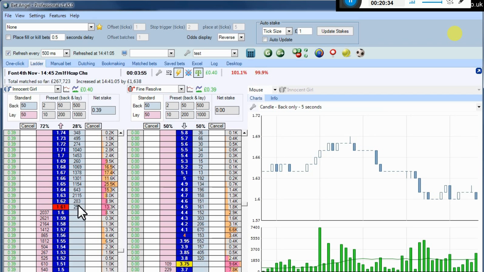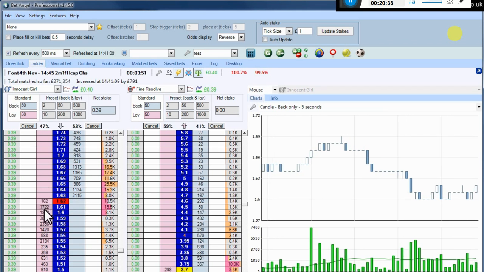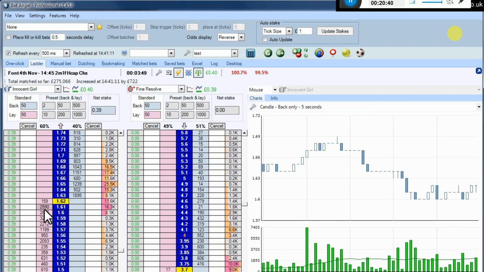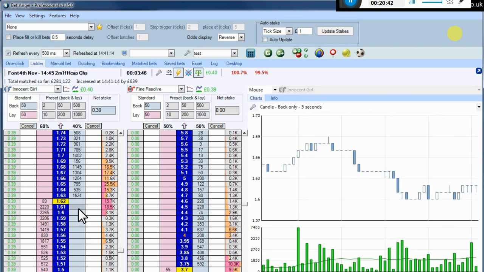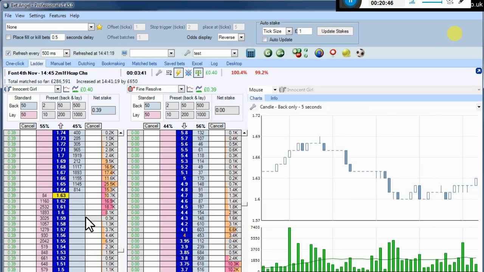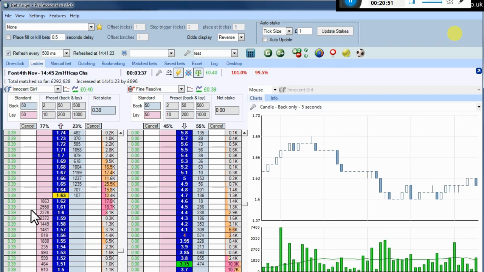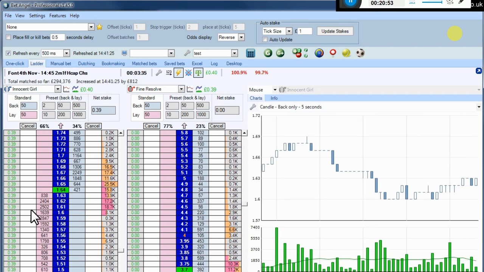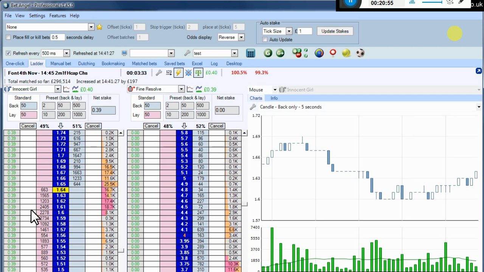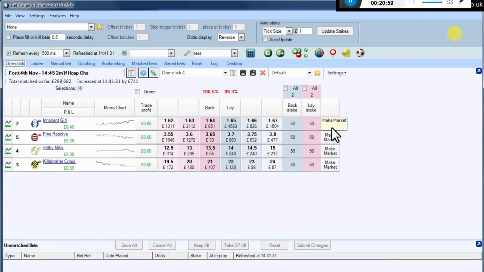So I'm then watching for the figure on the lay side to reduce, and once it reduces sufficiently, that's the trigger point to place the back trade, because that means it's about to drop even more. So the back bet gets taken straight away, and then you can place the lay side on the opposing side and complete the scalp. I wouldn't say this is more advanced, but it's obviously more advanced than the one click, the make market, and watching the micro chart.